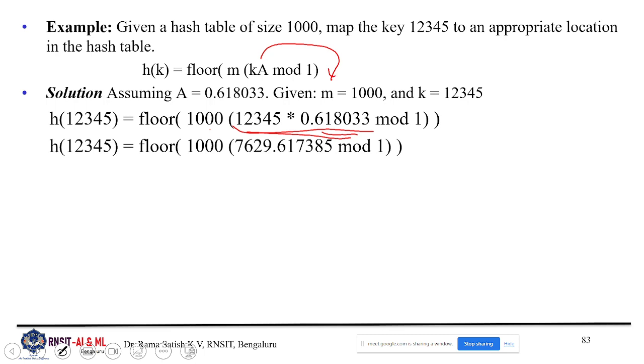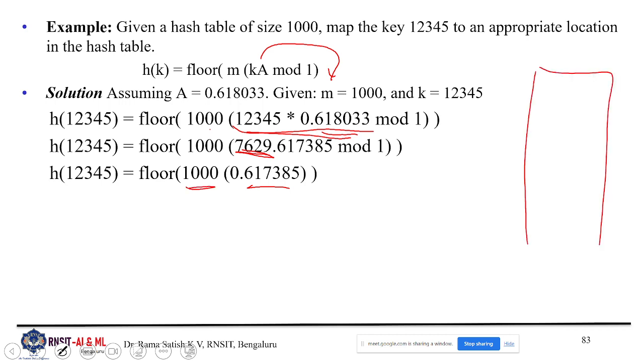And once you modulus, automatically you lose the integer value, you get only the fractional value, which is 0.6173 something.